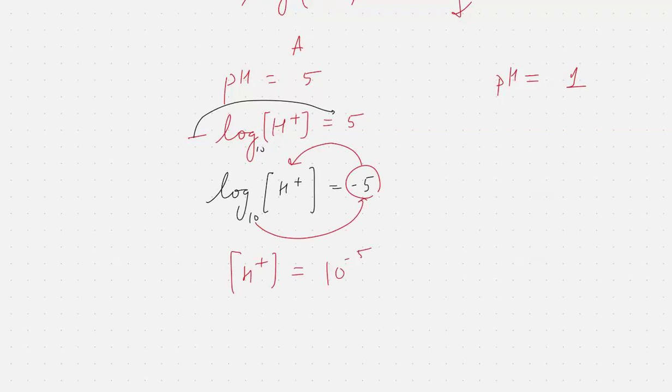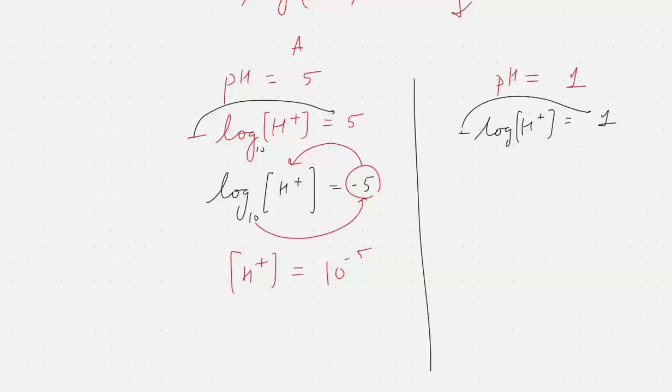And here we have minus times log of H plus as 1. So I take the minus on the other side. So log of H plus here is going to be minus 1 to the base 10. So H plus here is going to be 10 raised to power minus 1. Got the point?